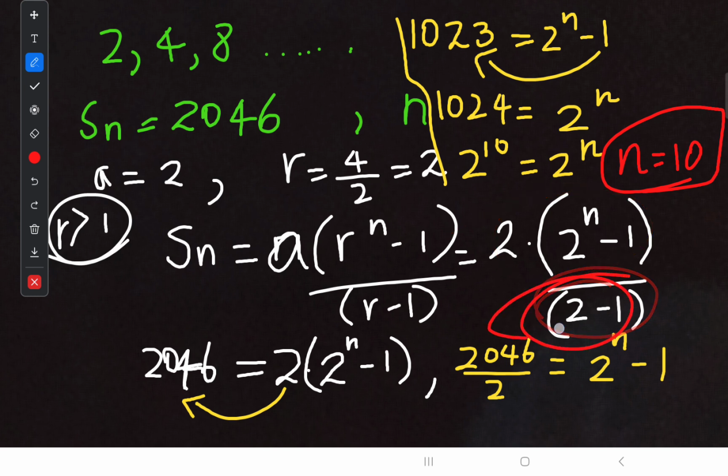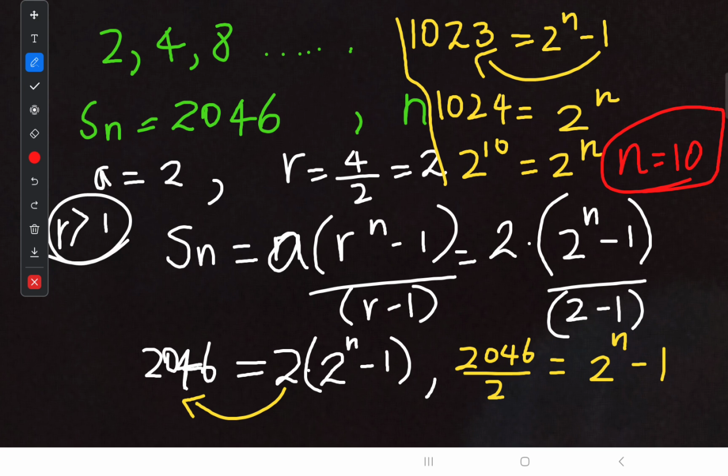The denominator is 1, so we can keep it as it is. I divided by 2: 2046 divided by 2 equals 2 to the power of n minus 1. Then 1023 plus 1 is 1024, that is 2 to the power of 10. So the sum of the first 10 terms in this geometric progression equals 2046.